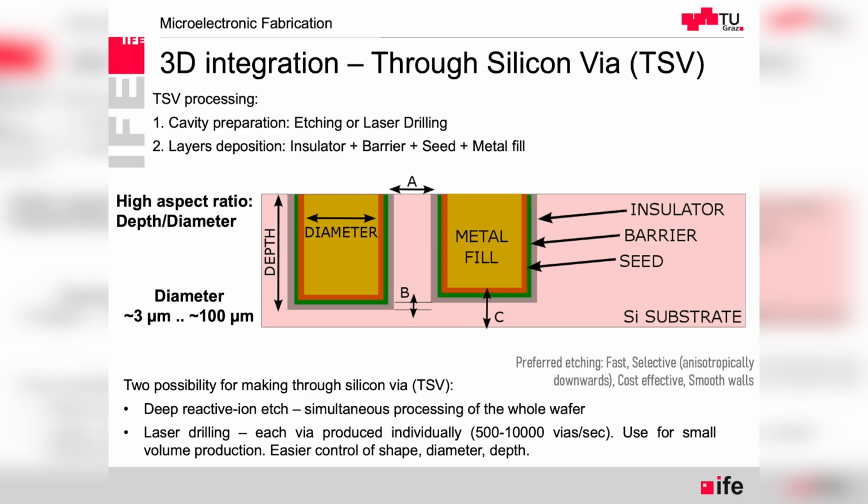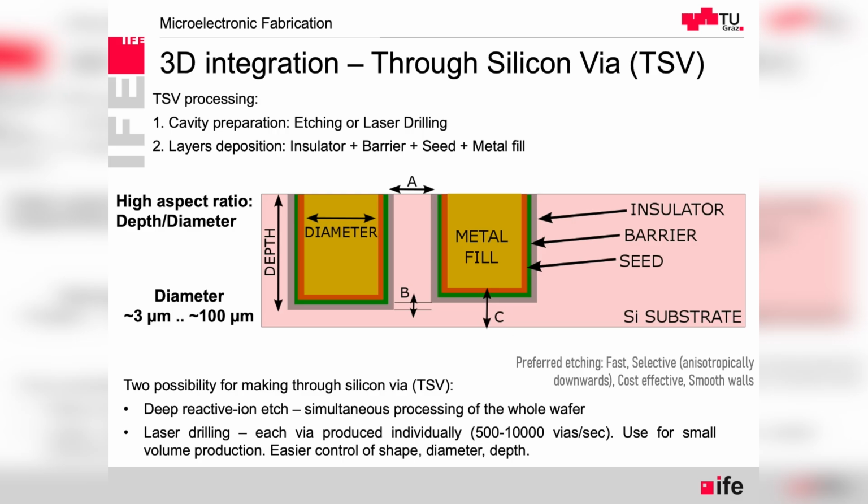But the barrier, very often, will not have very good properties of creating a good interface with the deposited metal that we would like to have, for example, copper or aluminum. Similar to making the vias in normal processing, where we have the lining of tungsten, here we also need to have this seed layer, which enables a good attachment of the initial layer on which the target metal layer is deposited.